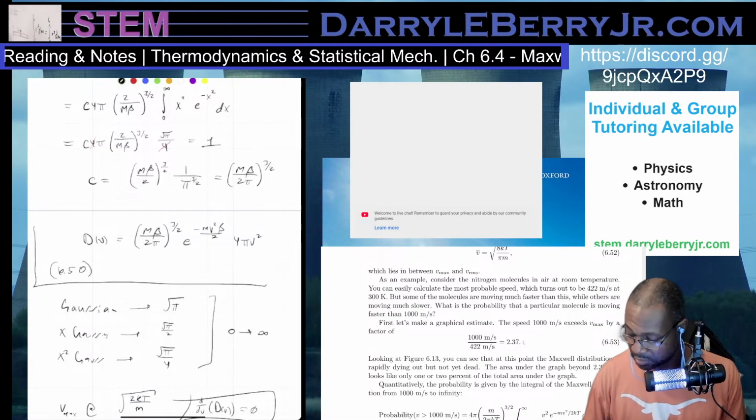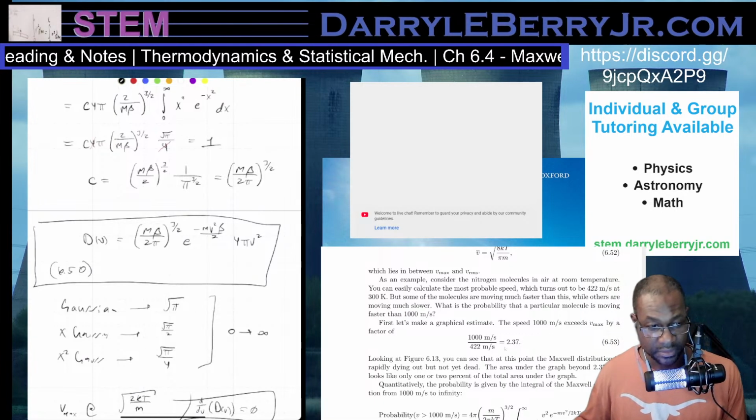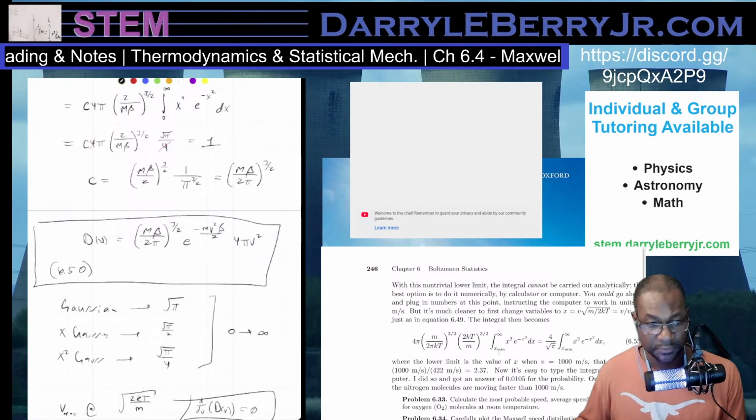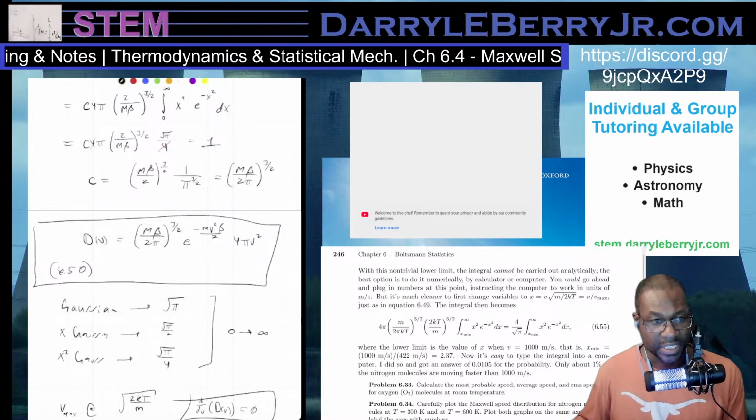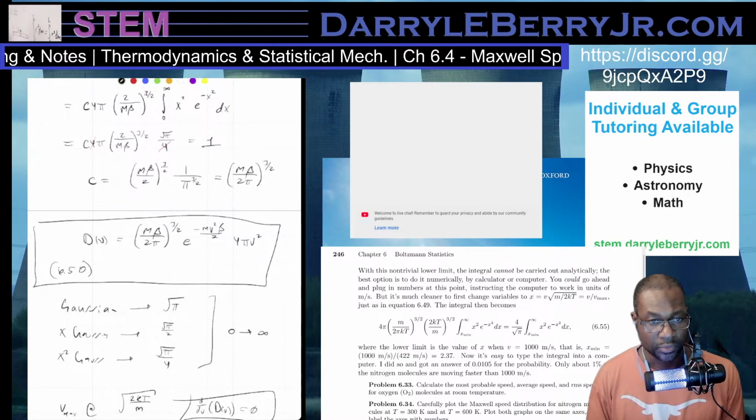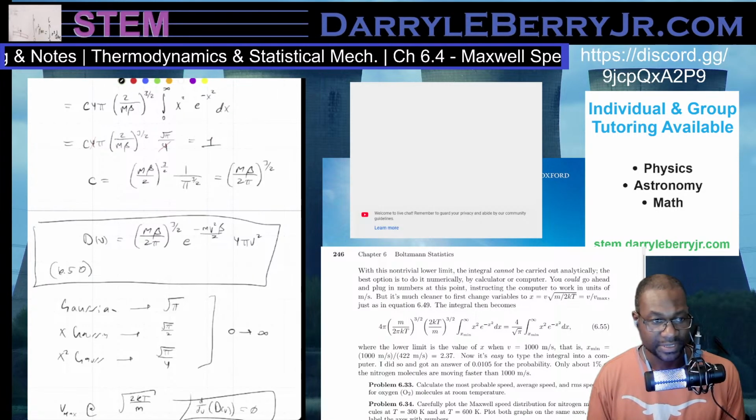With this non-trivial lower limit, the integral cannot be carried out analytically. The best option is to do it numerically by calculator or computer.